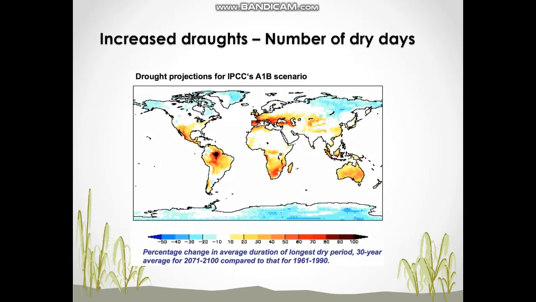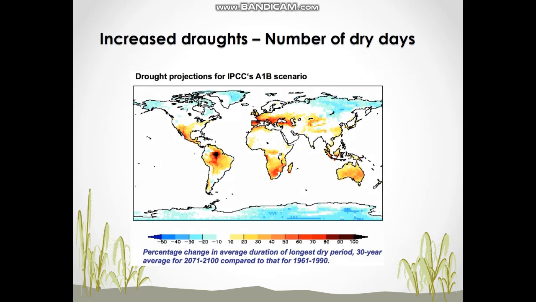Another natural disaster related to global warming is increased number of dry days. Here is the result of a simulation that indicates the duration of dry period in 20 years between 2071 to 2100 compared to the duration of dry period in 30 years between 1960 to 1999 as baseline.